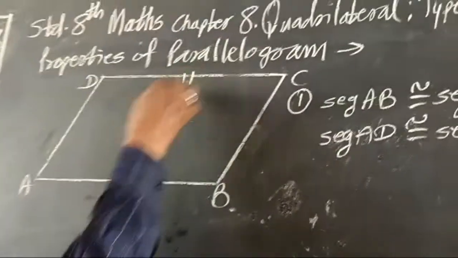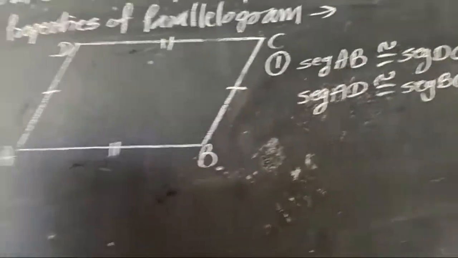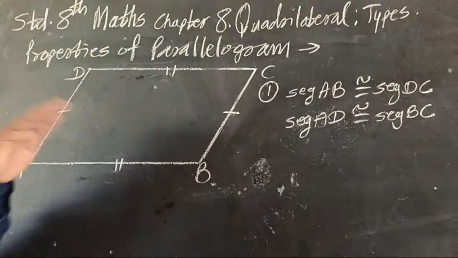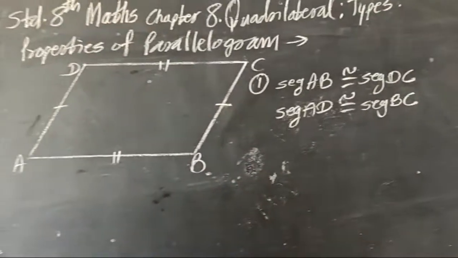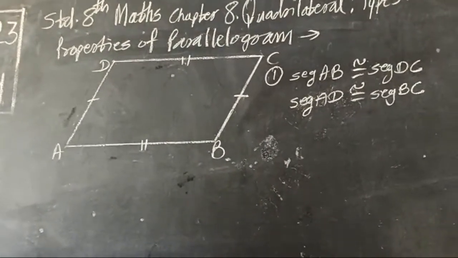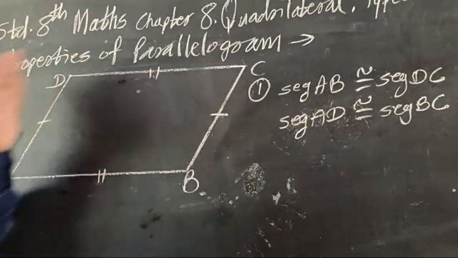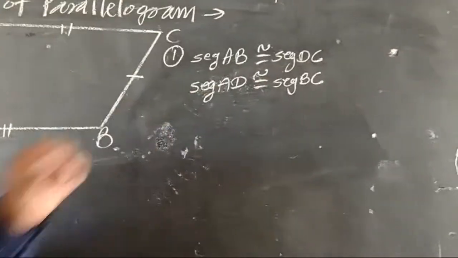These are which type of sides? Yes, good. These are opposite sides. And what do we write as a conclusion?